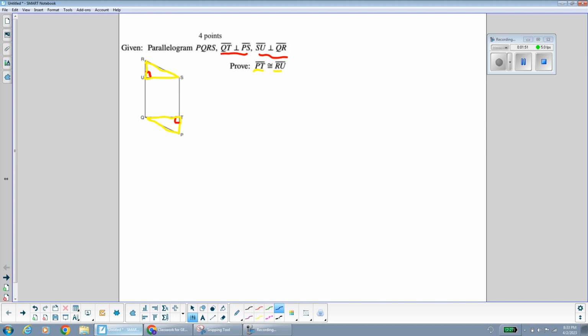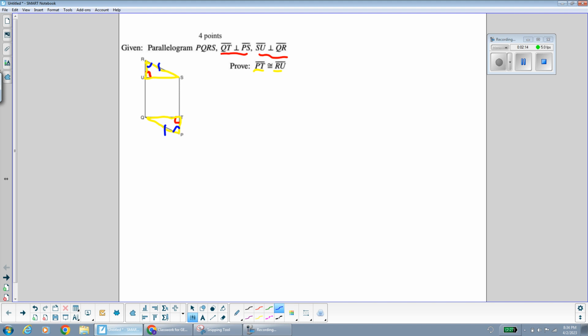So we know that PQRS, the whole big quadrilateral over here, is a parallelogram. One thing I know about parallelograms that would also help me with these two triangles is that opposite sides are congruent to each other. I also know that opposite angles are congruent to each other.